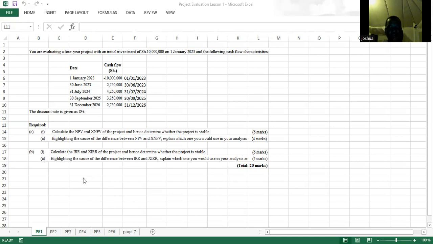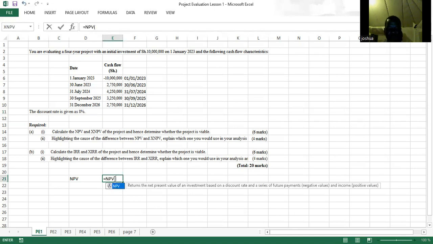So we'll come down here. NPV. You start with an equal sign, then you write NPV, the formula, you press tab, and you are required to enter the rate. So the rate is 8%. You key in that one and the values.